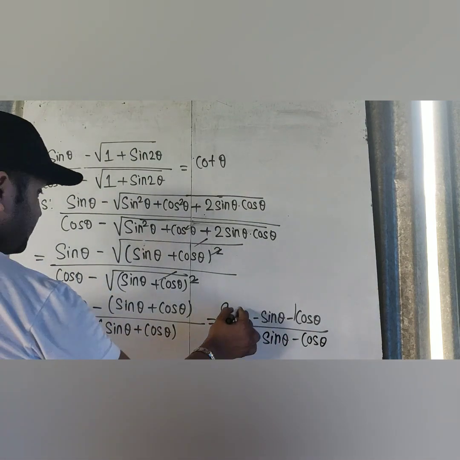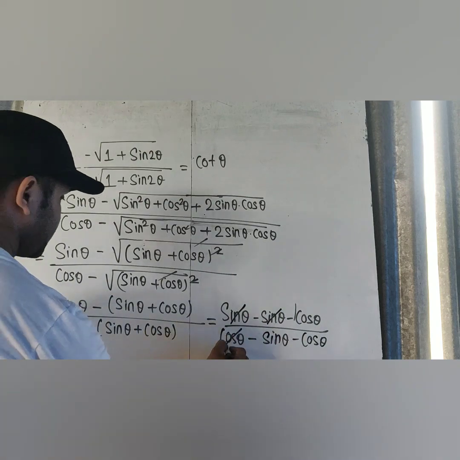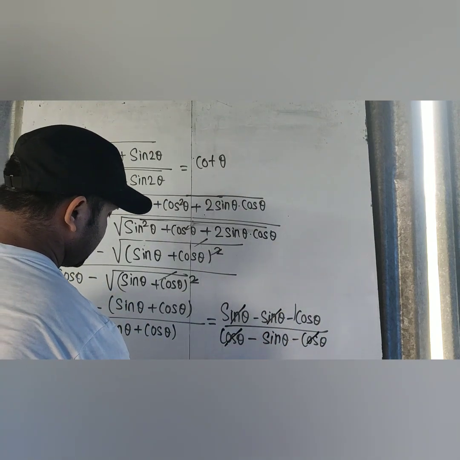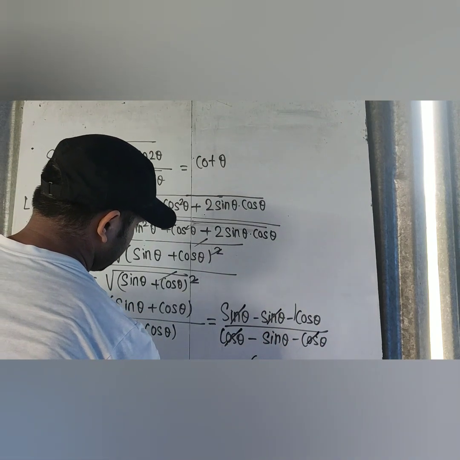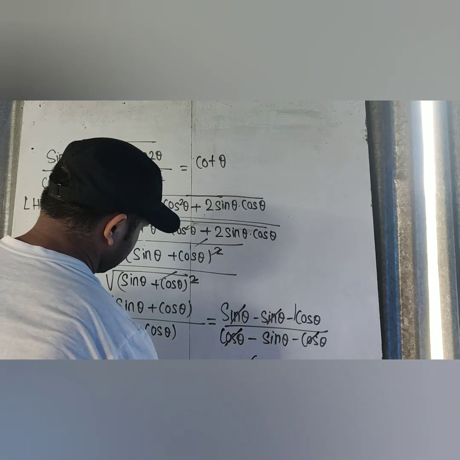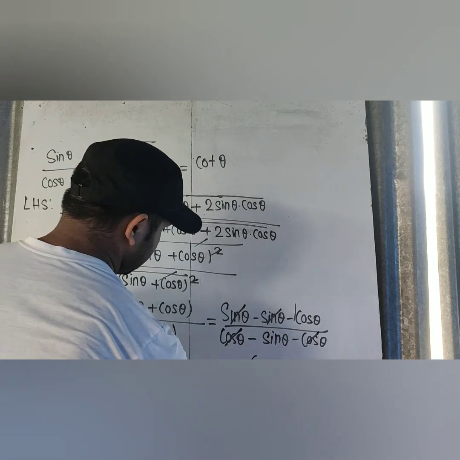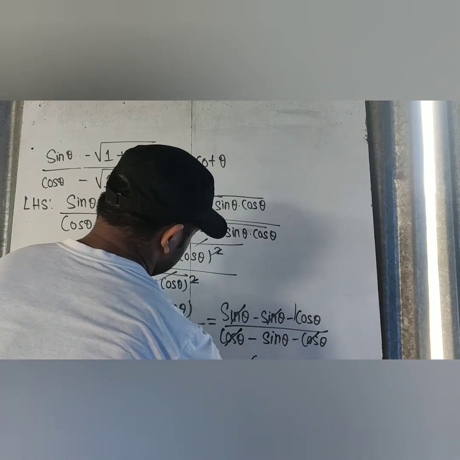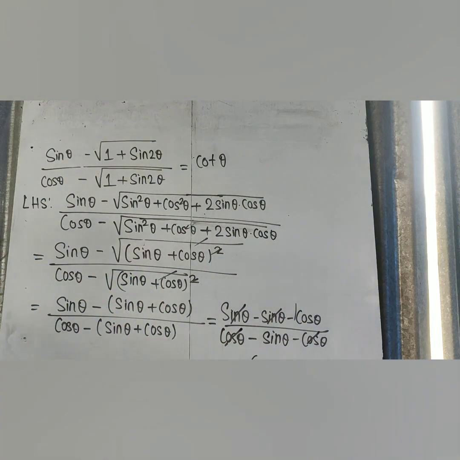Now you can cancel this: sin theta minus sin theta, cos theta minus cos theta. You have minus cos theta by minus sin theta. Minus and minus cancel and cos theta by sin theta is cot theta. This is our RHS.